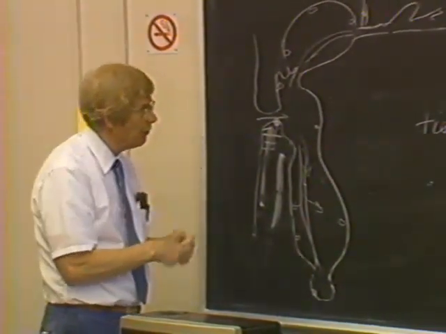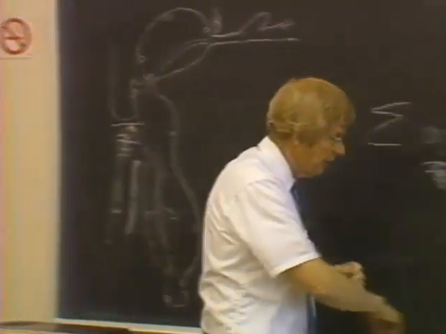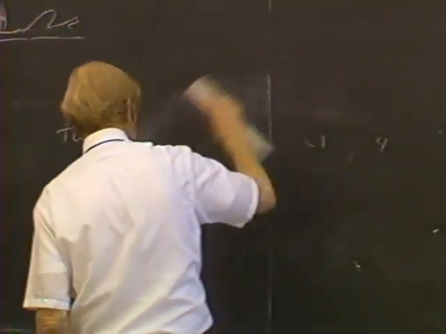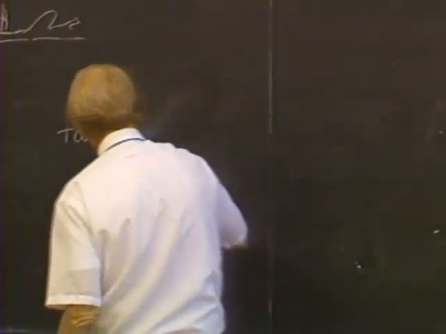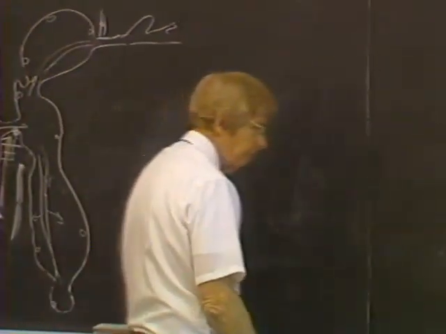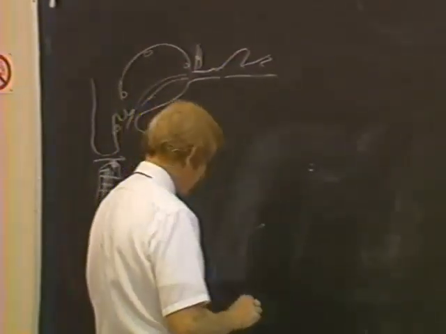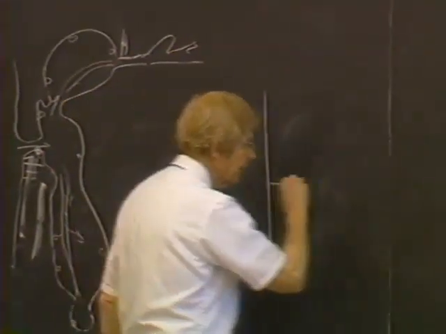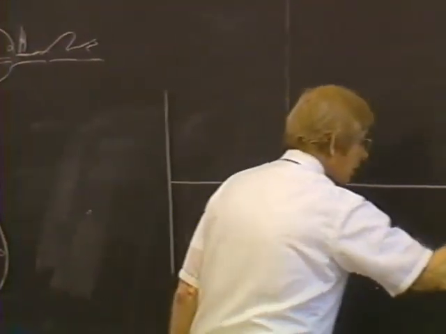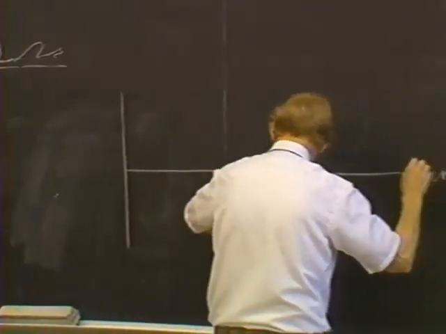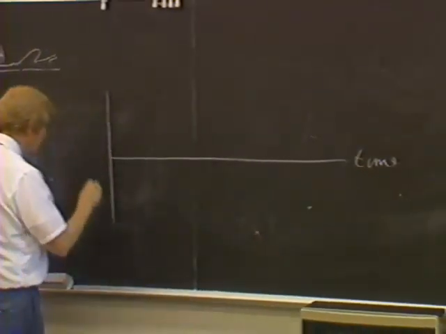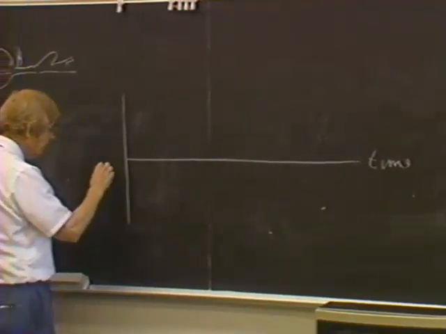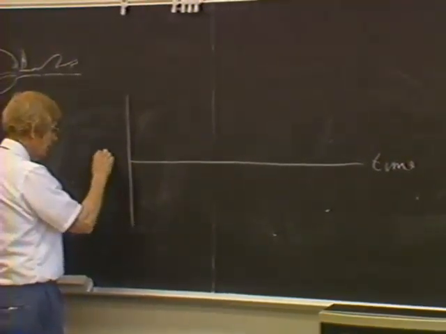A couple other things should be said about the tides. Because the rotation of the moon is approximately 28 days, the tides typically go through a 14-day cycle. This is amplitude. Let's call this the mean tide level.